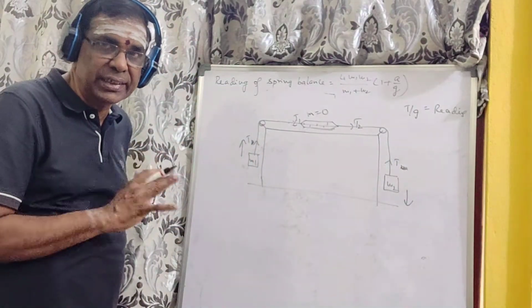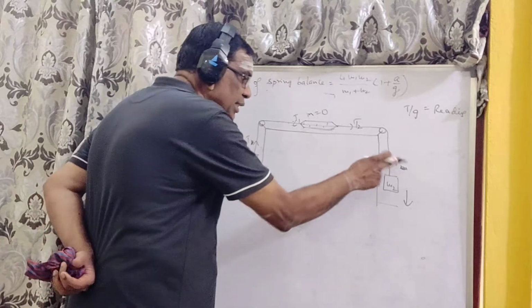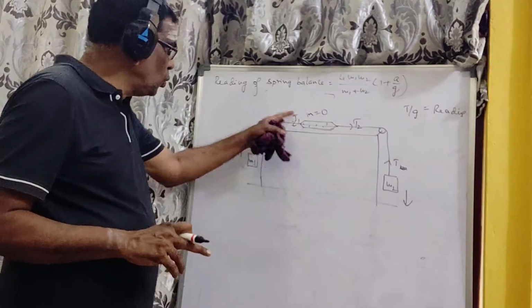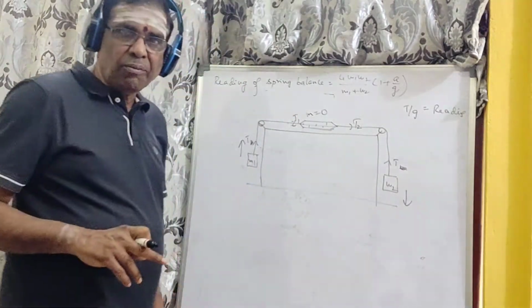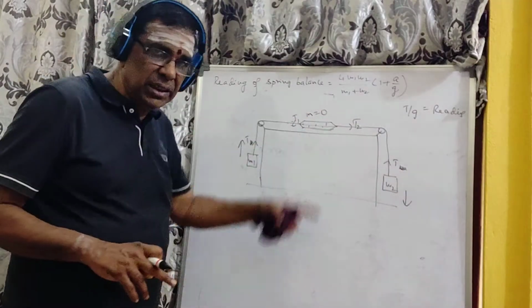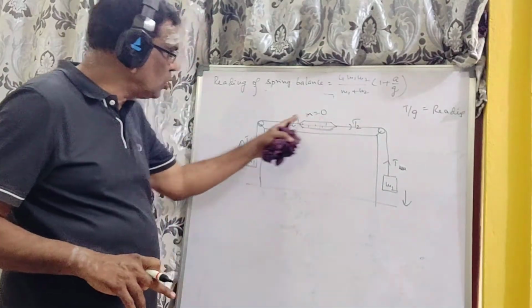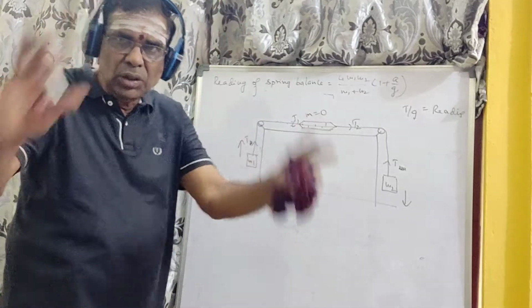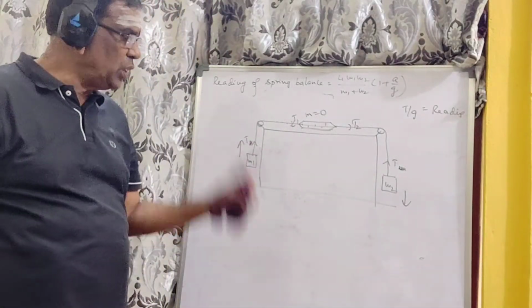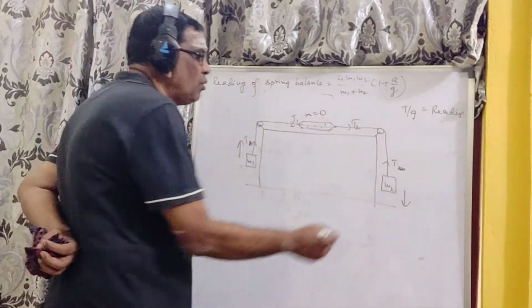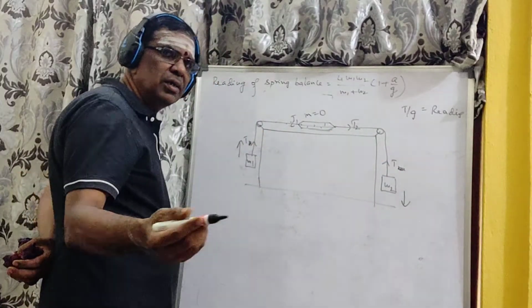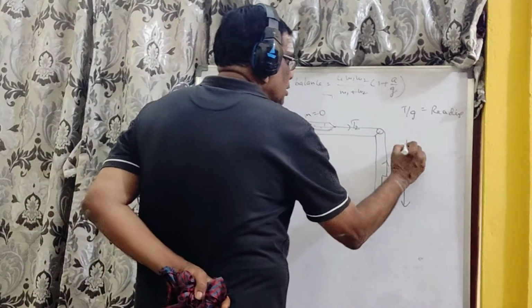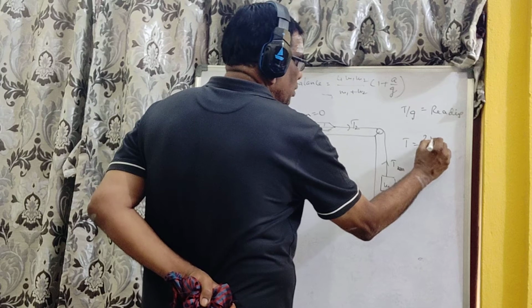I hope this point is clear. You can't directly take T on both sides and then do it. Two different strings, right? Because its mass is 0, I am now taking T2 minus T1 to be equal to 0. Hence, T1 is equal to T2 is equal to T. Now, the rest is, this is like your Atwood machine.